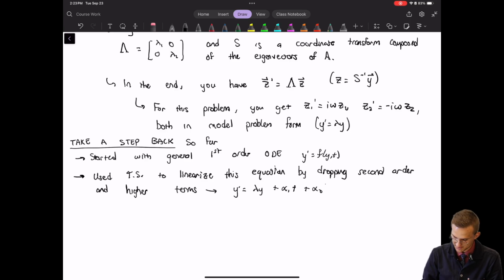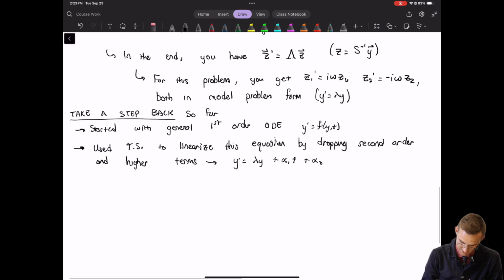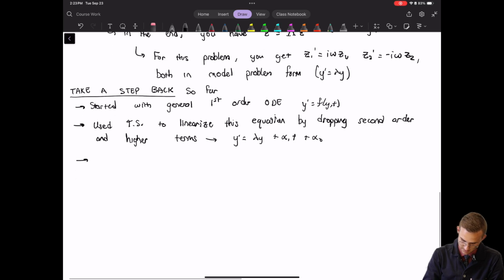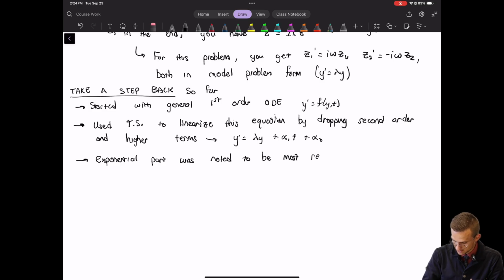whatever. I don't think those are the exact same subscripts I used before, but we can just not worry about those. We note that the exponential part is where the dominant growth component of the solution will be located. The exponential part was noted to be most relevant to stability.